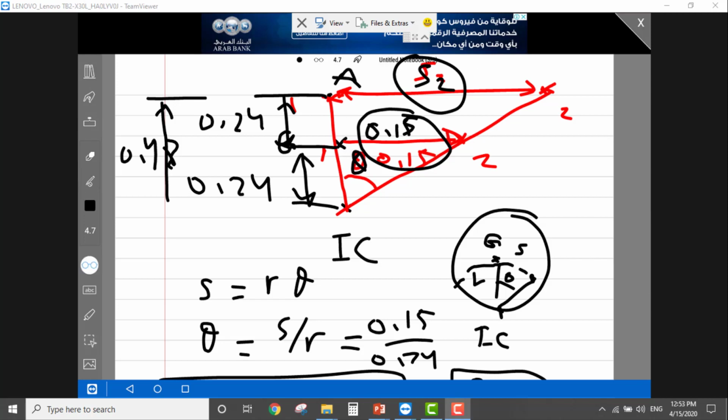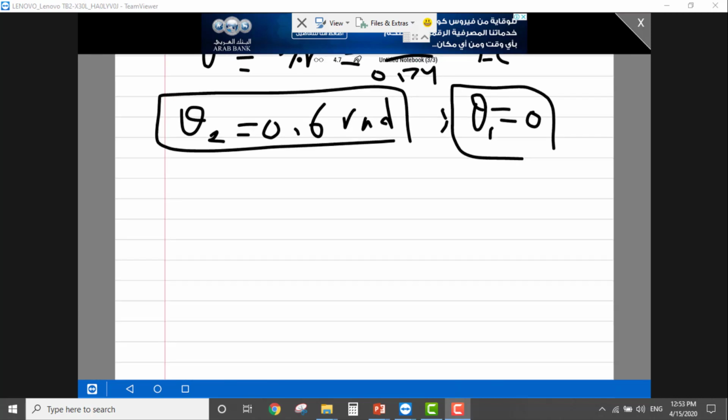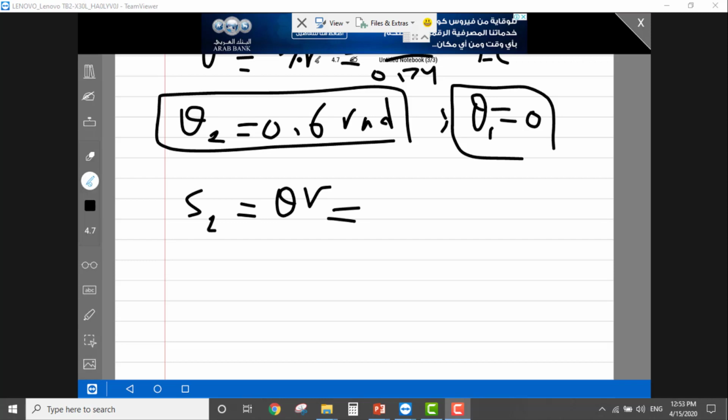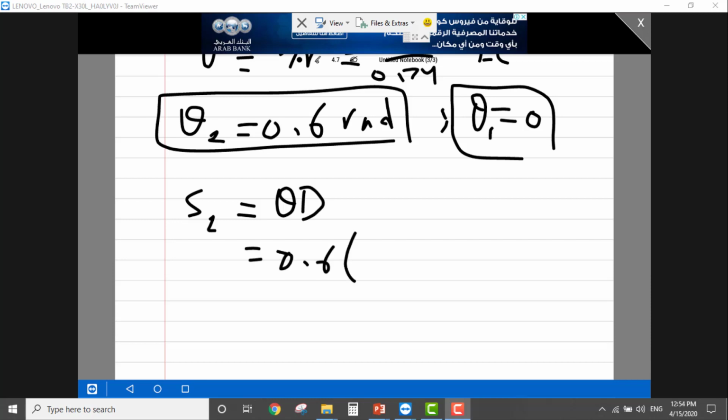So S2 is equal to theta multiplied by not r, but the whole distance, which is the diameter. So this is equal to 0.6 multiplied by 0.48, and the answer is 0.288 meter.